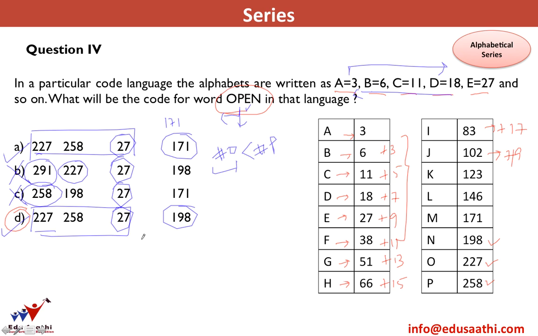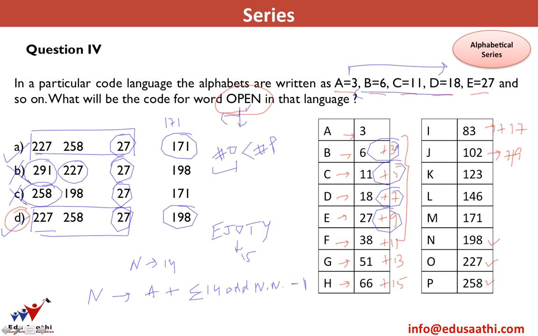Now I know from this principle that O is the 15th letter in the series and N is just before O, so N is the 14th letter in the series, and I am just adding odd numbers. This logic I've already figured out. So what would be N? N would be A plus the sum of the first 14 odd natural numbers. So odd natural numbers, 2n minus 1.